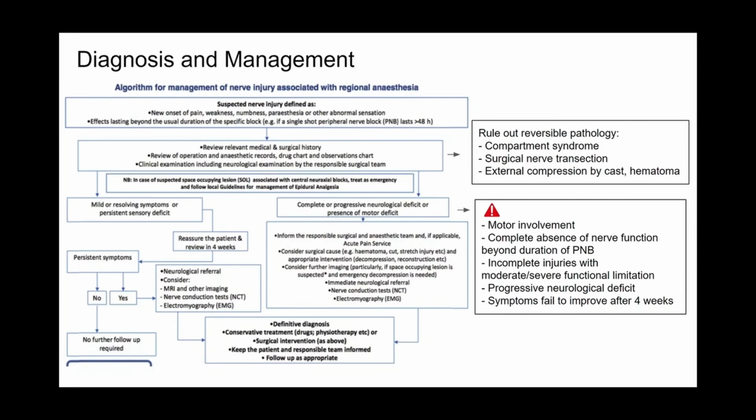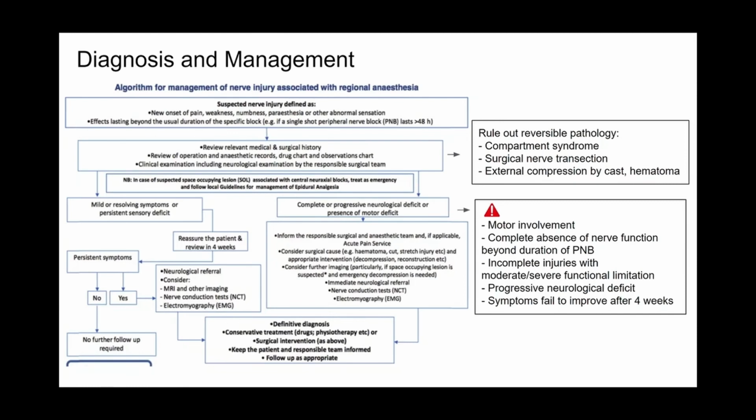And after these 4 weeks, if the patient is still having persistent symptoms, then we will refer this patient to the neurological team to further work up for nerve injury. However, if the symptoms have already resolved after 4 weeks, then no further follow-up is required.